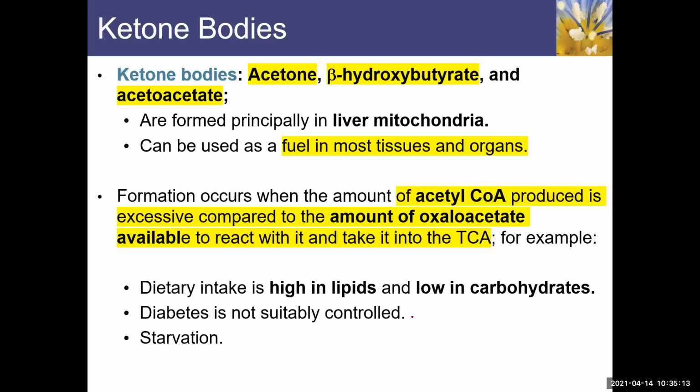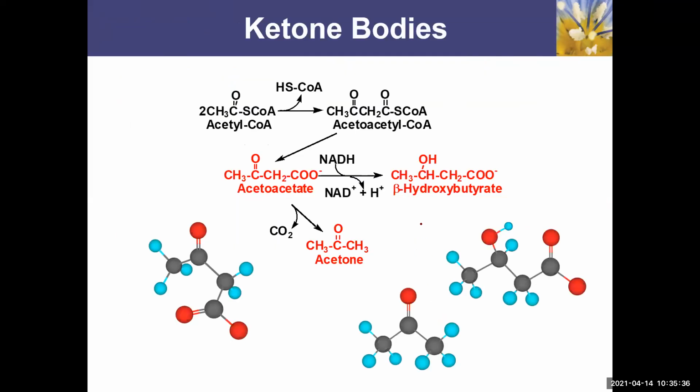Or sometimes even in uncontrolled diabetes, because diabetic people don't have carbohydrates available. So what happens at that time when you have a large amount of acetyl CoA? Two acetyl CoAs will join together and form the acetoacetic acid. As you can see here, it forms the acetoacetic acid, this one.